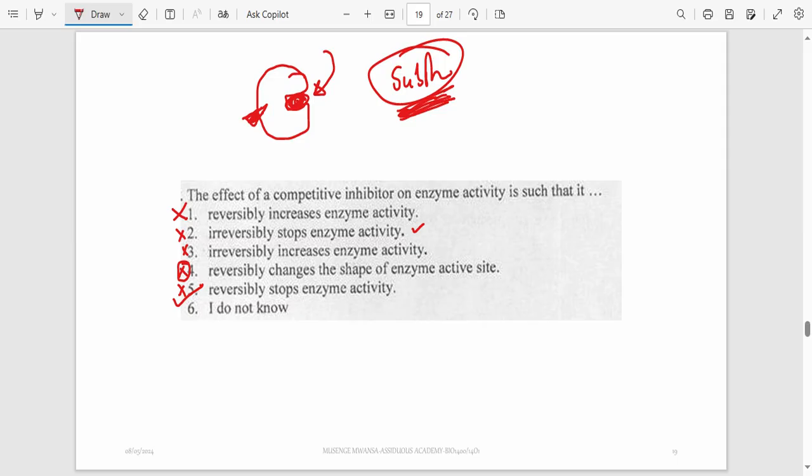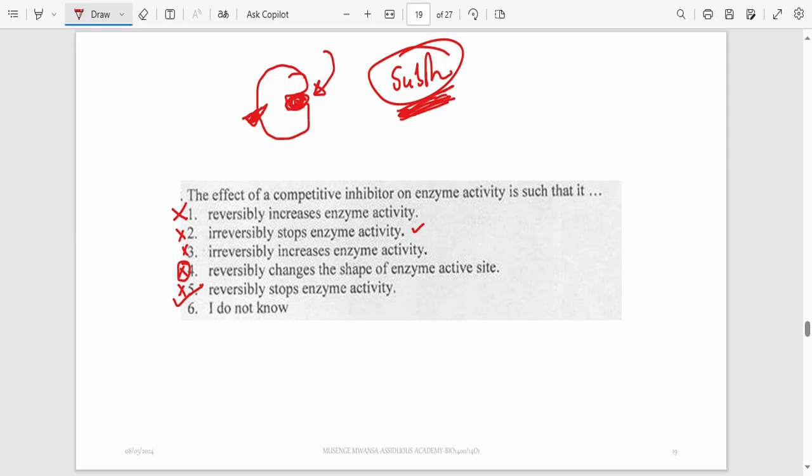Okay, normally those which are going to be irreversible can be non-competitive. As I explained earlier, the non-competitive can either be reversible or irreversible. So I've got some which are reversible, some are irreversible, including also on the active site, because some things will come and bind to the active site, but the only thing is that they bind there permanently. That makes them irreversible. Anything that forms permanent covalent bonds is irreversible.